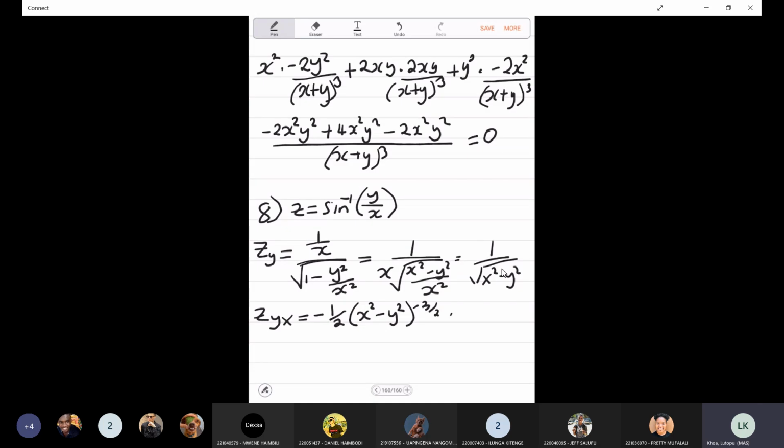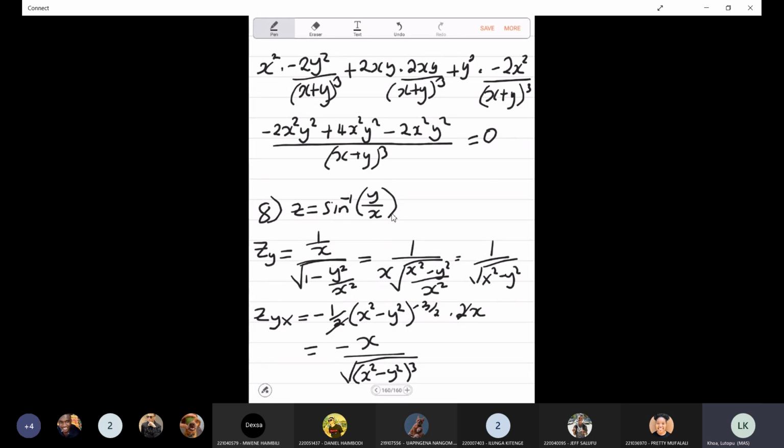And then we multiply by the derivative of the inside, which is 2x. These two cancel, and I am left with negative x over the square root of x squared minus y squared to the power of 3. Okay, now we have to do it in reverse order.